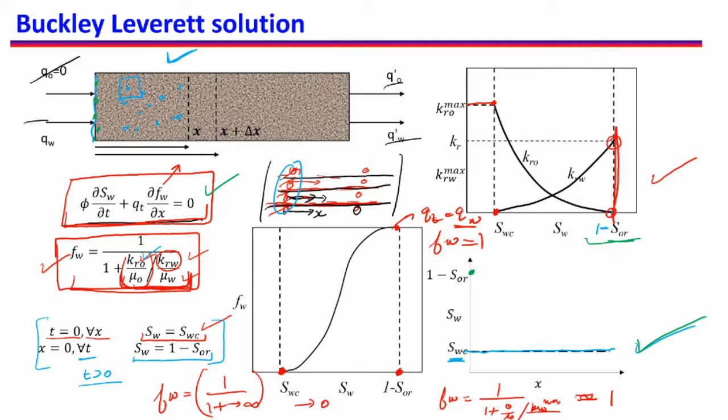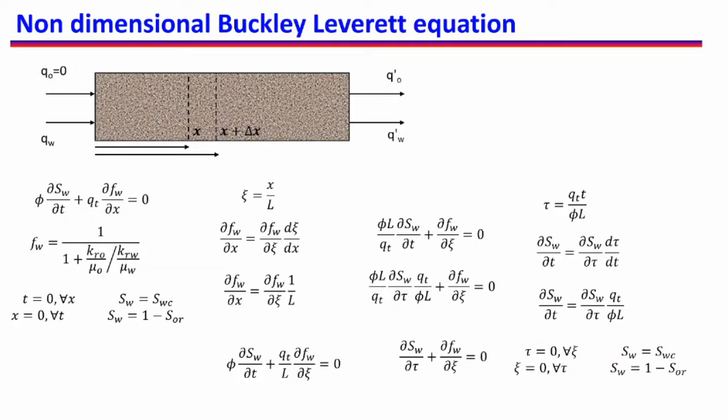Next we come to how we solve this to find SW at a given x and at a given time. Before we go on to solving this equation for SW, given this Fw and given the boundary conditions, I want to non-dimensionalize this equation. In a reservoir we can have any distance between an injector and a producer.